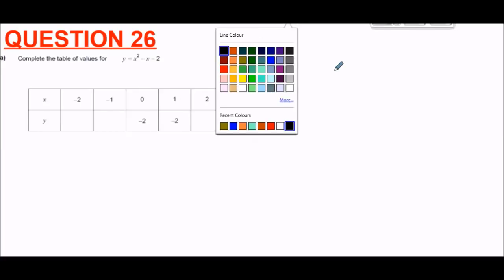Because of that x squared term, we're going to have a quadratic graph. A quadratic graph means it's going to be a curve, and because the highest power of x is x squared, it's going to be called a parabola.